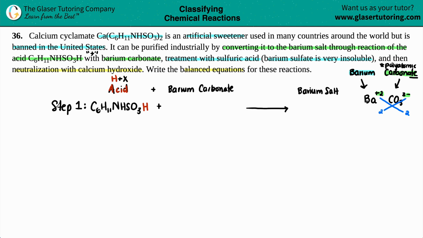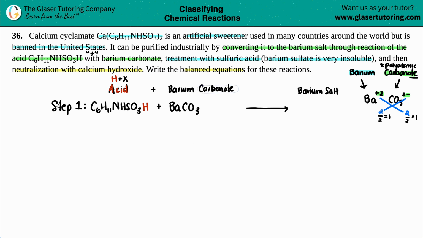However, with ionic compounds, metal and nonmetals, we will simplify. So 2 and 2, I could divide each by 2, and I secretly will only need 1 of each. So that's the barium carbonate. I just need 1 barium, Ba, and then 1 carbonate, which is CO3.